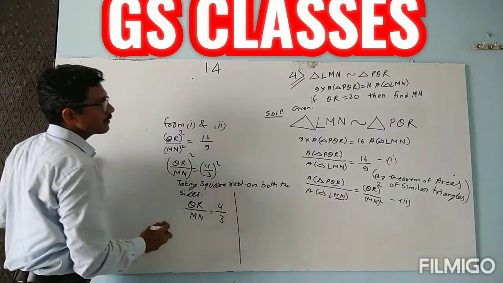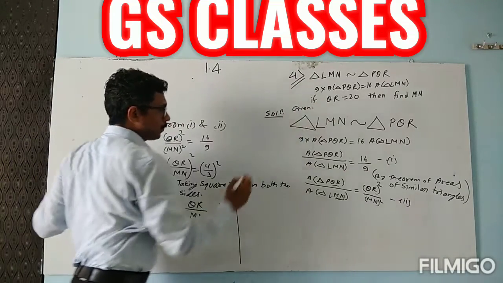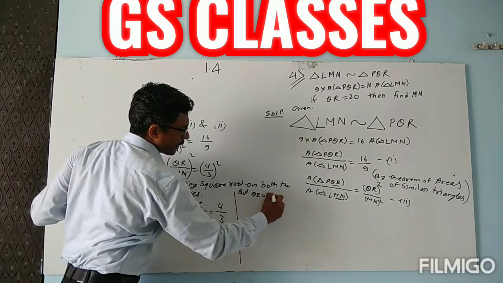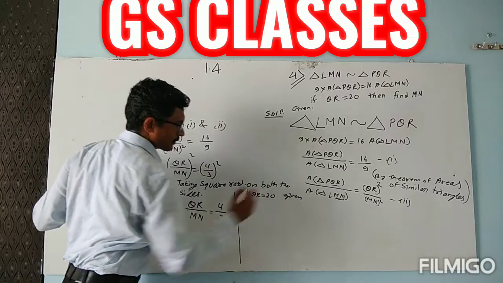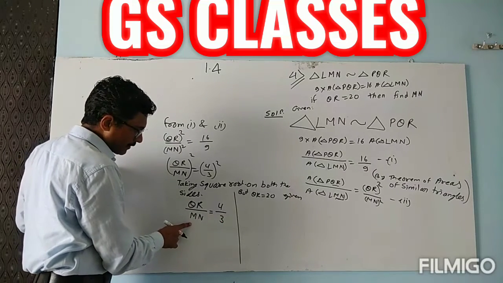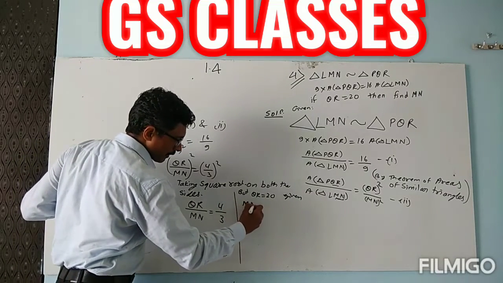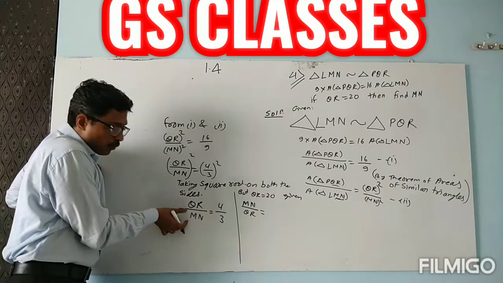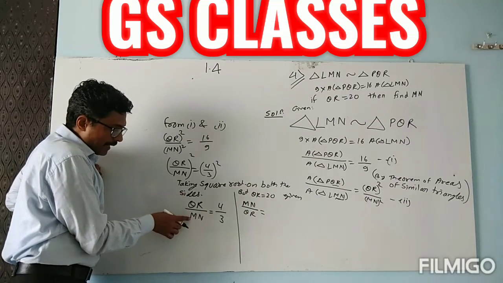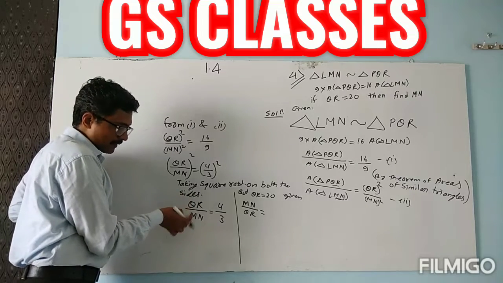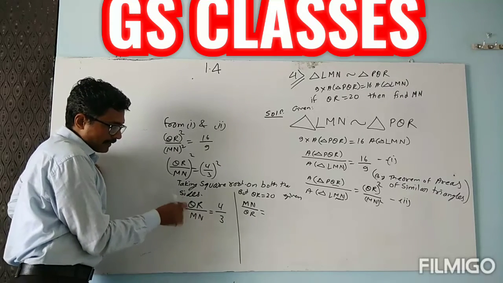Now children, they have given us the value of QR, but QR equals to 20, which is a given fact. So I can now write here MN upon QR. I am taking the inverted form. MN I am taking the numerator and QR the denominator. Inverted here, okay?